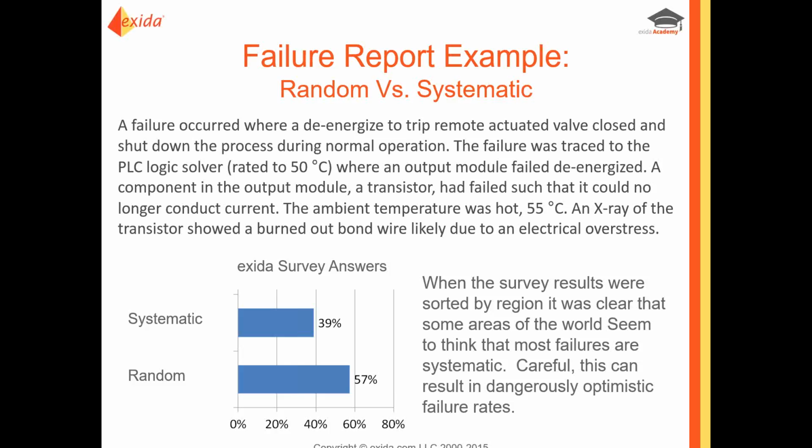Let me give you an example. I will tell you that last year exida did an online survey of 16 specific examples of real failures. And we asked the survey participants to state whether they felt this particular example was, quote, systematic or, quote, random, based on the definitions from IEC 61508 and 61511.